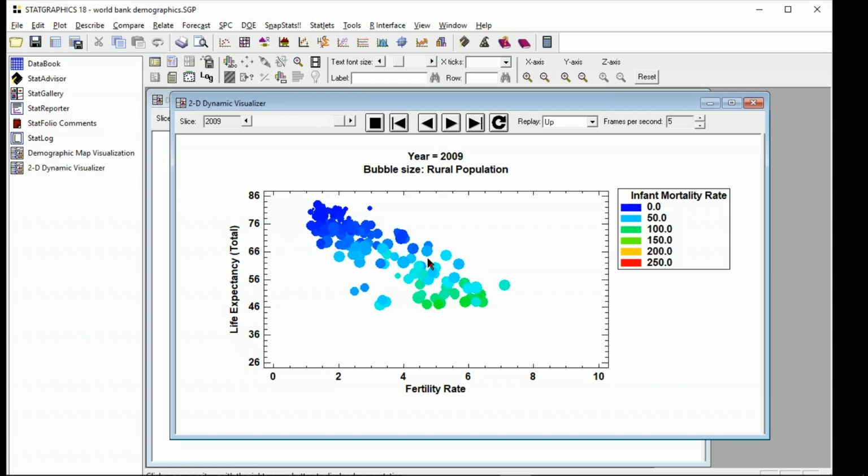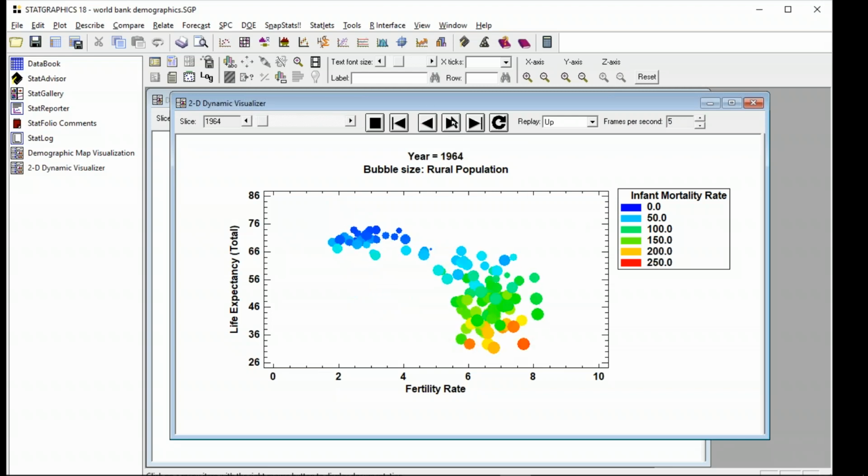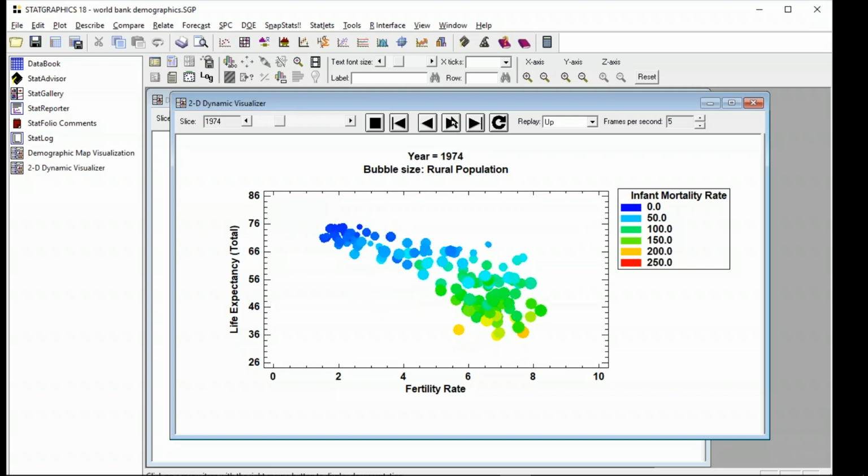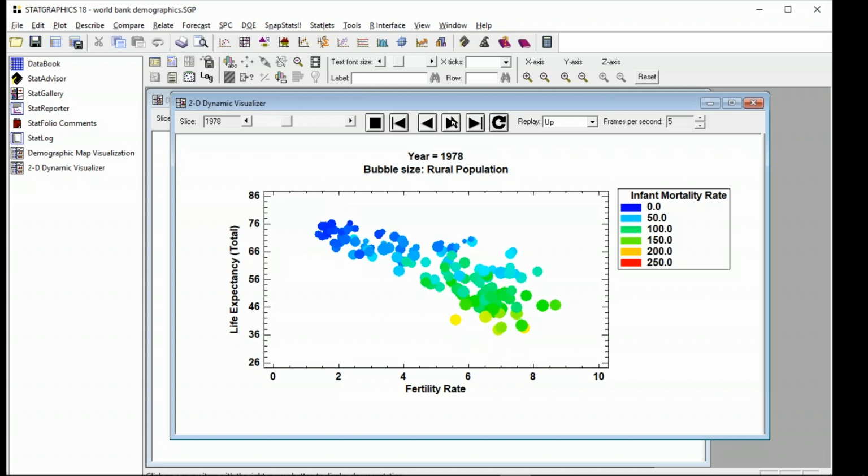Fewer children per woman in 2009, quite a bit less than it was in 1961 when we started. Thankfully, all the reds and oranges have disappeared as infant mortality has come down around the world. And you can also see in many cases the bubbles are getting smaller as less and less people live in rural areas.